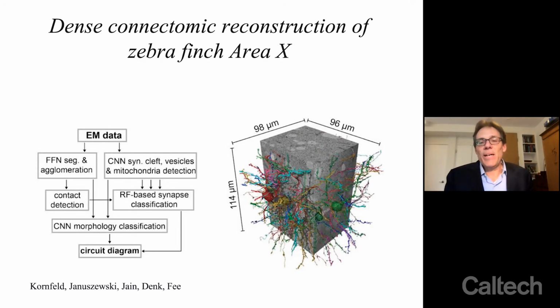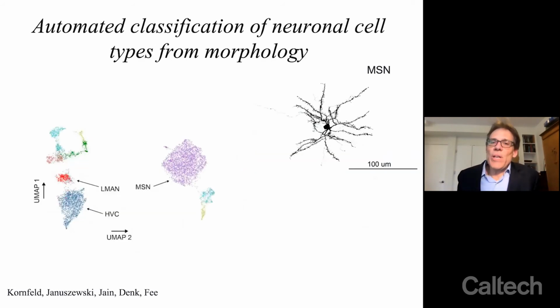And again, the ground truth on this was established from criteria in the mammalian and birdsong literature on striatal and basal ganglia tissue. So here you can see the automatic cell type classification shown in different colors, overlaid on an independent UMAP representation of the different neurites using combined neurite morphology and connectivity.